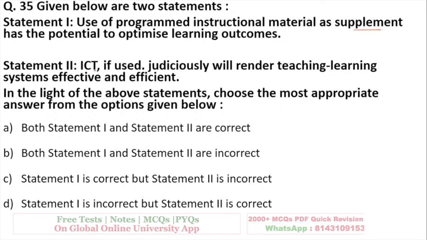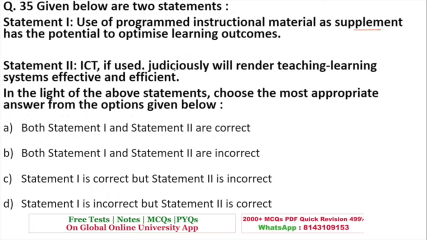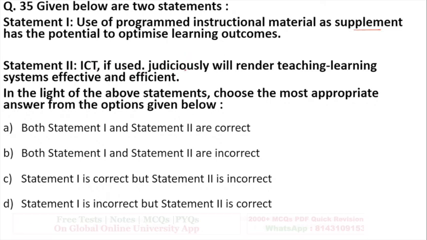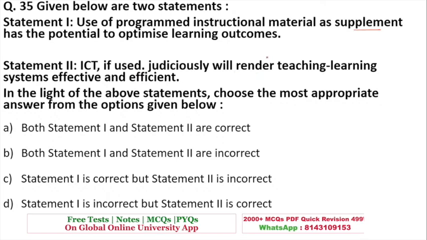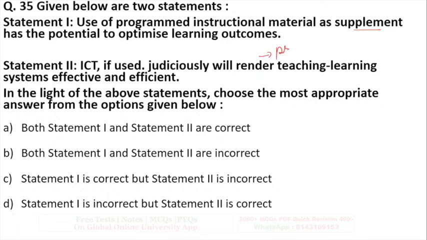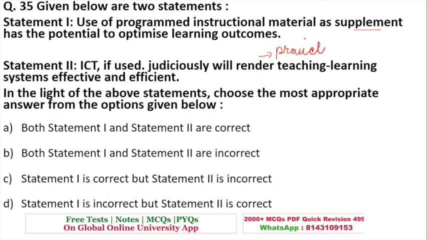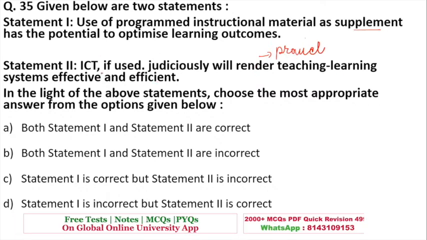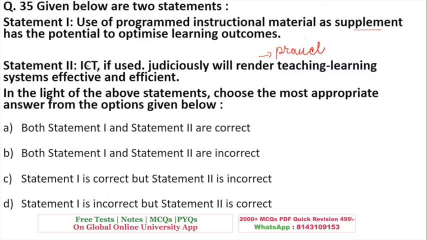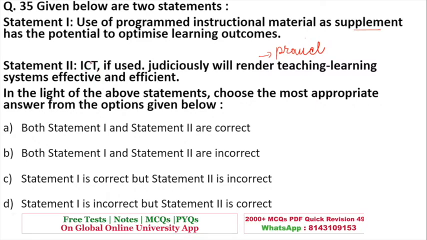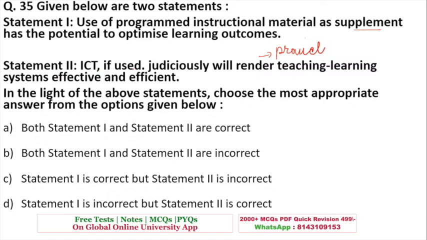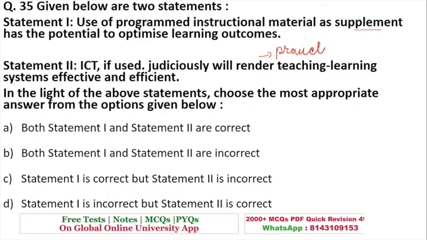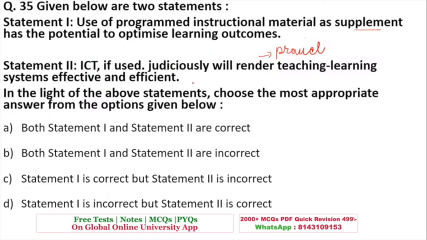While ICT, if used judiciously, means wisely, will render, means will provide teaching learning systems effective and efficient. So they are saying ICT means information and communication technology. If we are using it wisely, it will provide teaching learning system effective and efficient.